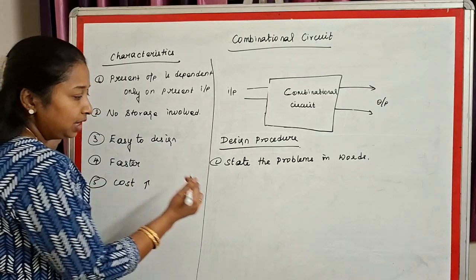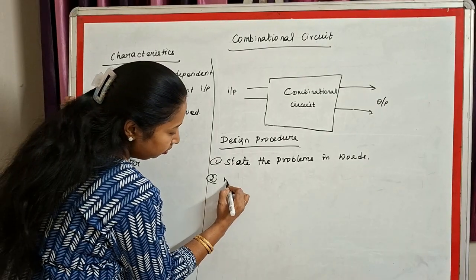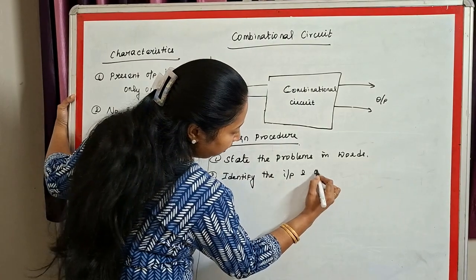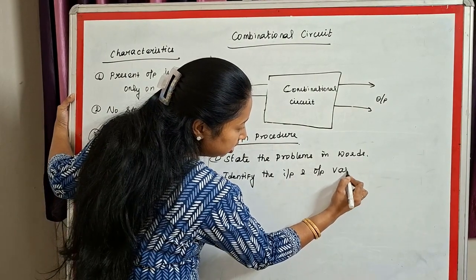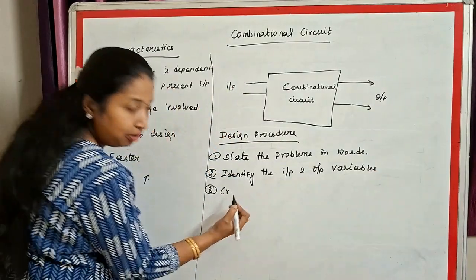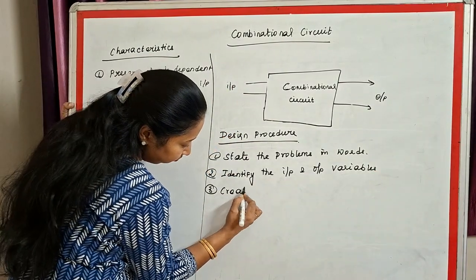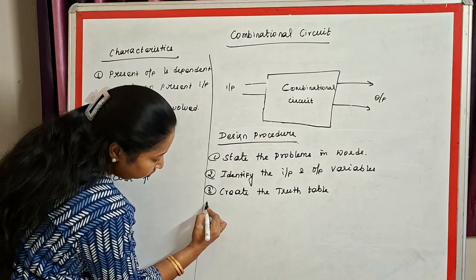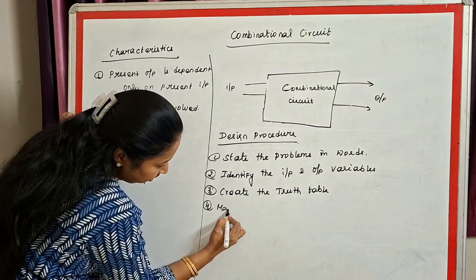From that statement, you have to identify what your input is and what your output is. You have to identify the input and the output variables. After identifying, you have to create the truth table. And from the truth table, you have to map the elements in the K-map.